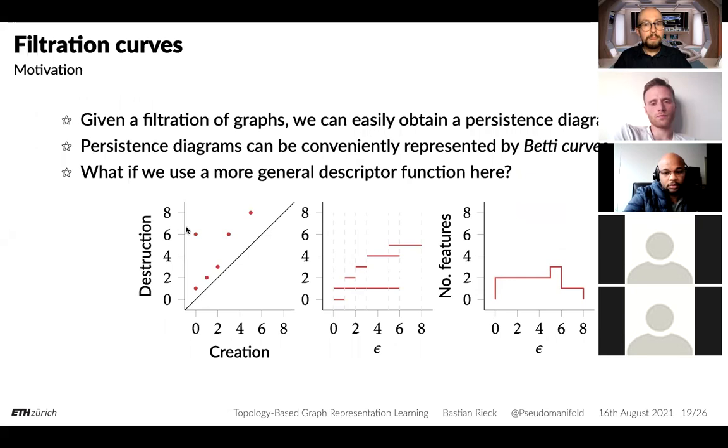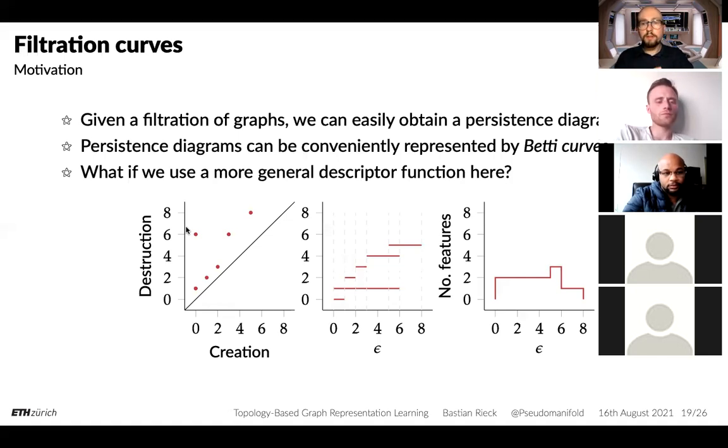So previously we saw that given a filtration of a graph dataset, so this perspective of assigning function values to the vertices and then going along these function values and looking at topological features, we can easily obtain these persistence diagrams, these topological descriptors.